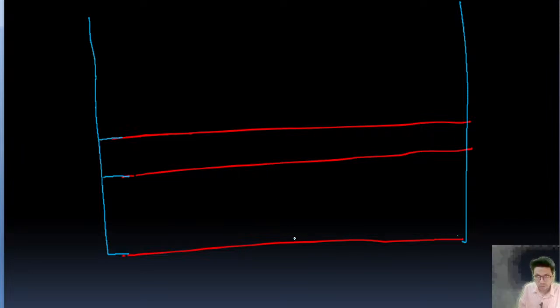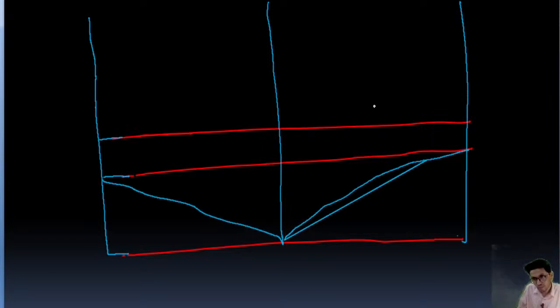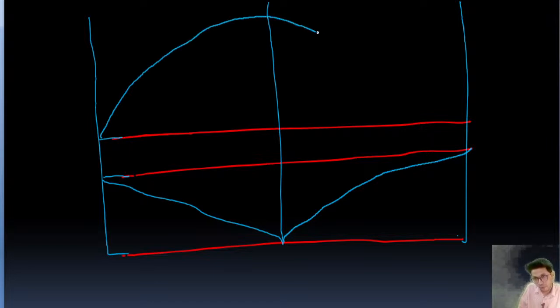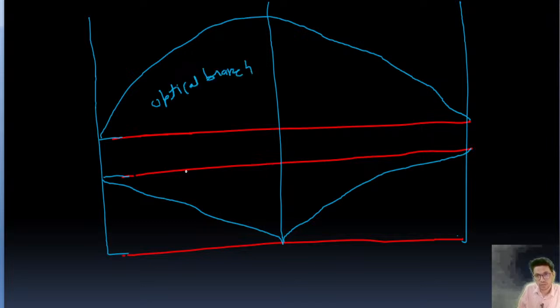The graph is like this. This is the forbidden gap, the forbidden band, and this is the optical branch, and this is the acoustical branch. I have already explained this in detail.